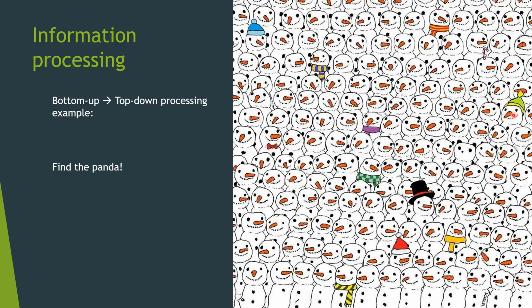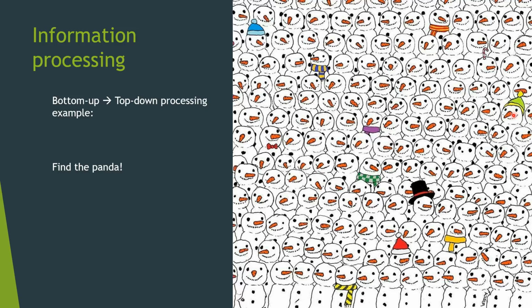Okay, I've got a couple more examples about bottom-up to top-down processing. Take a moment, maybe pause the video, see if you can find the panda in this picture. 3, 2, 1. Finding the panda is hard because you know pandas are black and white, and this picture is mostly black and white. Our eyes are attracted to the colorful things on the snowman, but the panda doesn't have anything colorful to it.